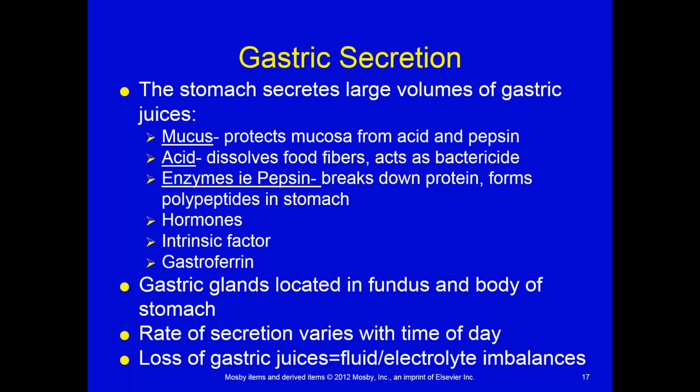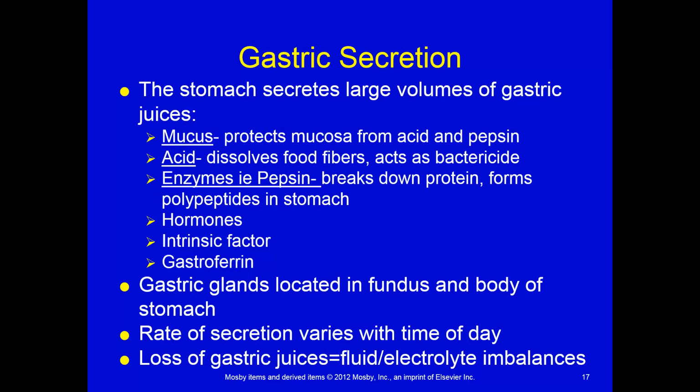And that's what makes the mucus layer, that mucosal layer of the gastric organ, so important, because it actually protects the mucosa of the stomach from its own juices, right? So from the acid and from the pepsin. So it's very important that you have a good, healthy mucus layer there in the stomach.